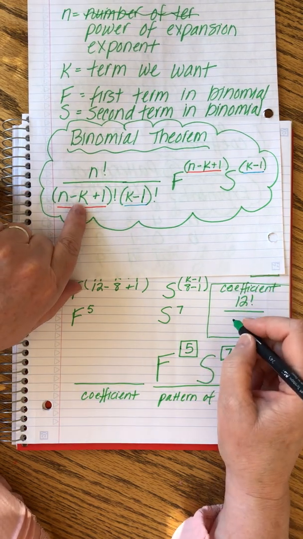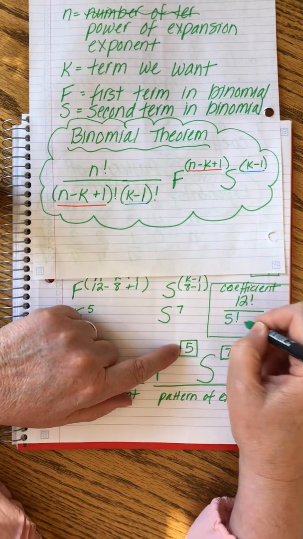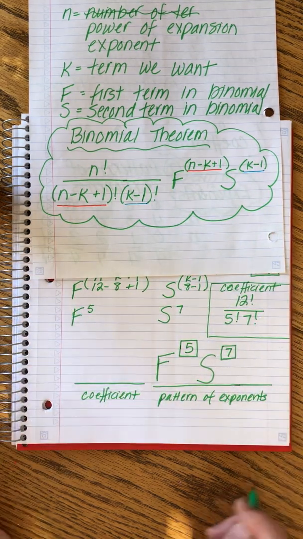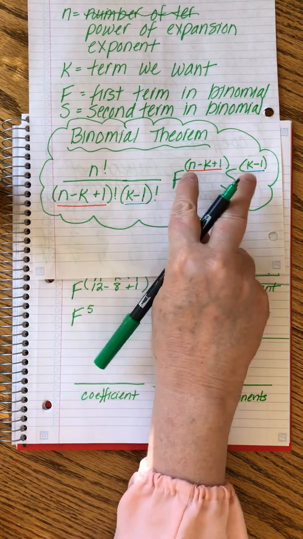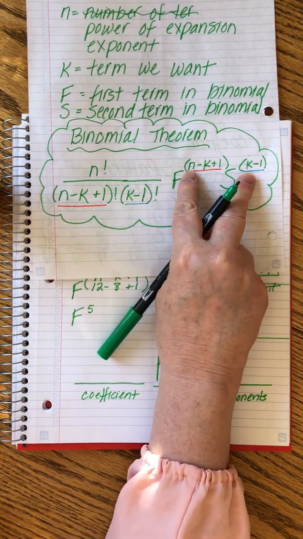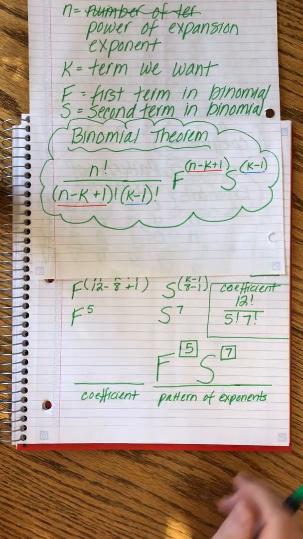And then we use the two exponents we've already calculated, 5 factorial over 7 factorial. Now it feels easier, doesn't it? Because we're not calculating all of these crazy things separately. We do these two, they make sense to us, and we copy them to the bottom.